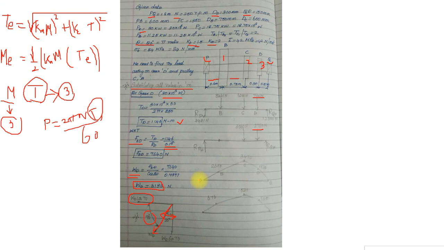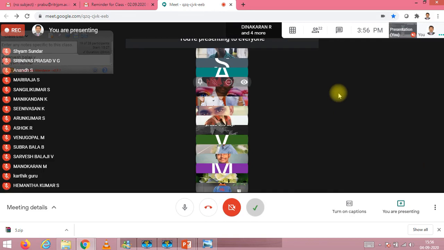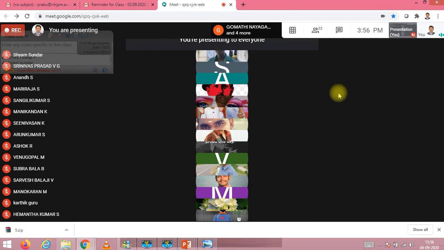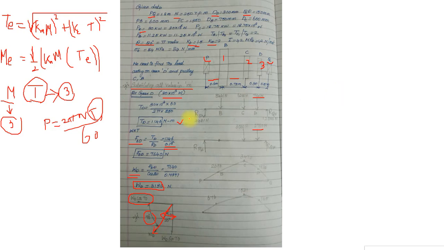Is everyone awake? Where will the torque value be highest? Yes, very good. D is the place where the torque value is very high, which we can see from the numerical value itself.